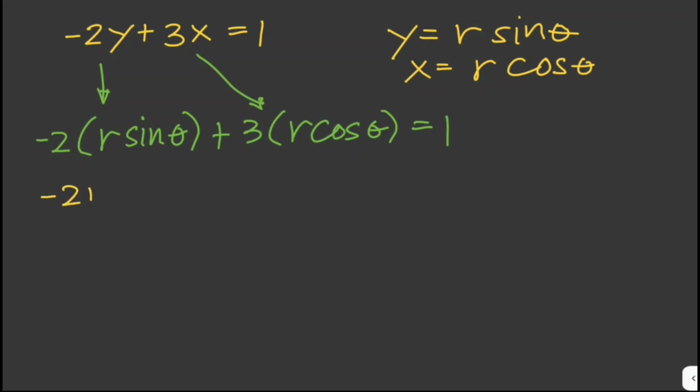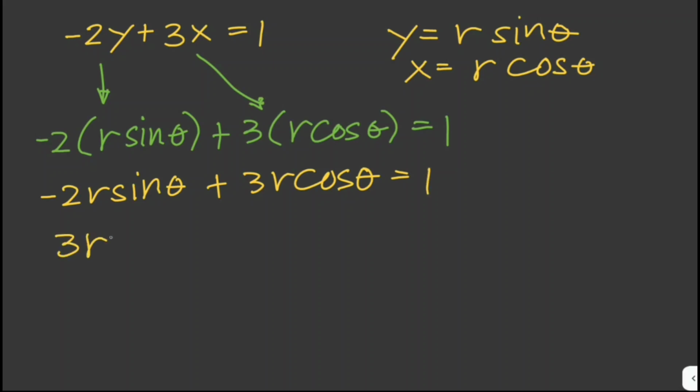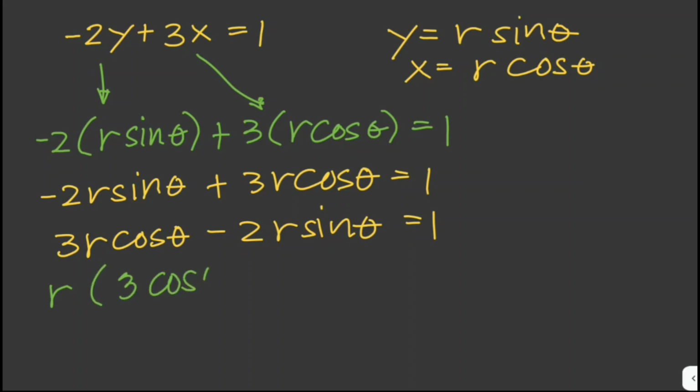This would become negative 2r sine theta plus 3r cosine theta equals 1. And we can rewrite this as 3r cosine theta minus 2r sine theta equals 1, and then we factor out r, and our equation would become r times 3 cosine theta minus 2 sine theta equals 1.